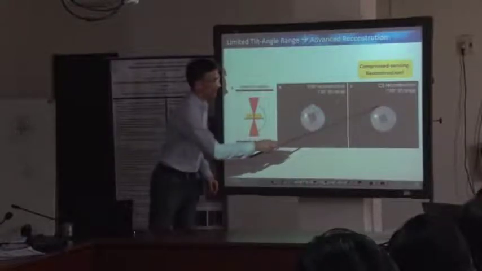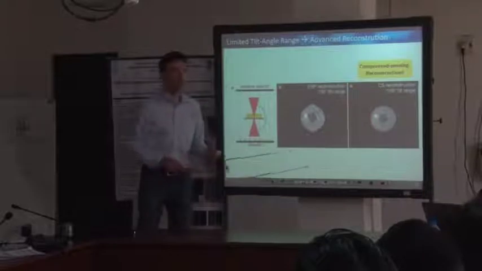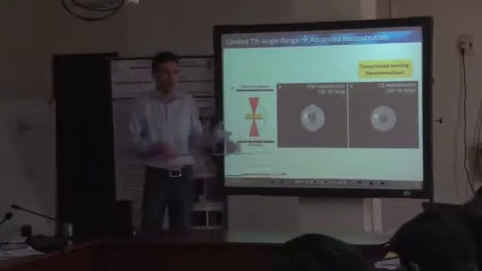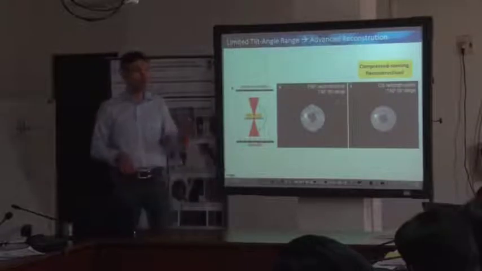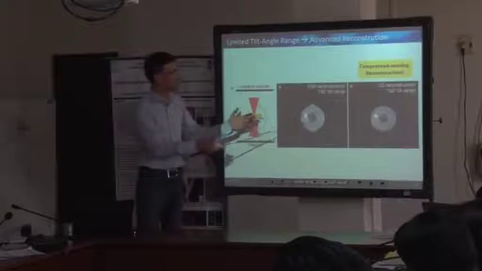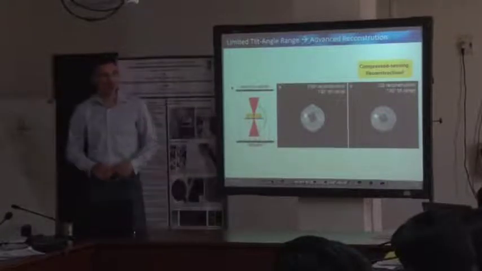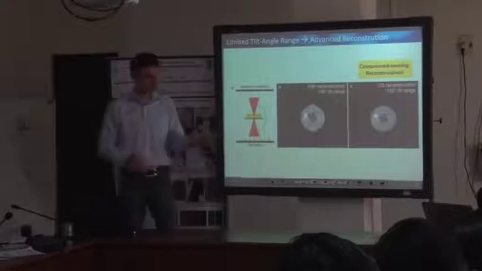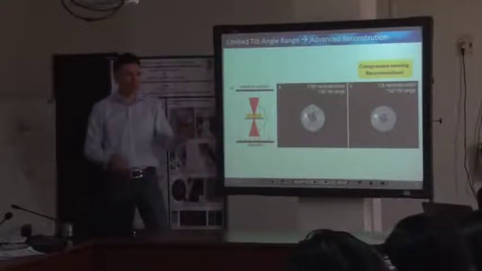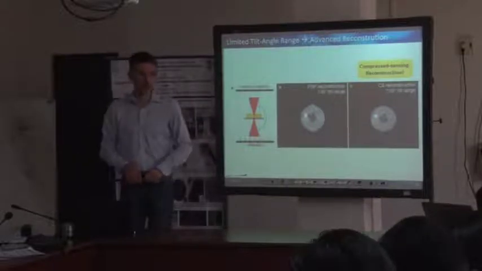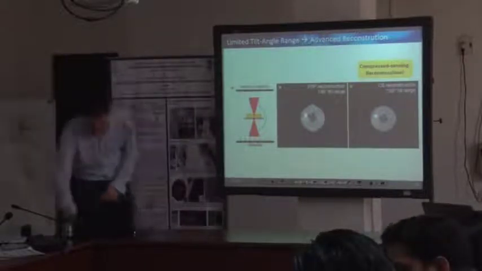But for the other directions, this information is in principle included in the tilt data set. But with a simple back projection, you don't utilize that additional information that is present. And so this is why people go for more elaborate reconstruction techniques. In principle, it's nothing else. You need to spend all the effort to record good tilt series, and then you can use all the different ways to reconstruct the volume.